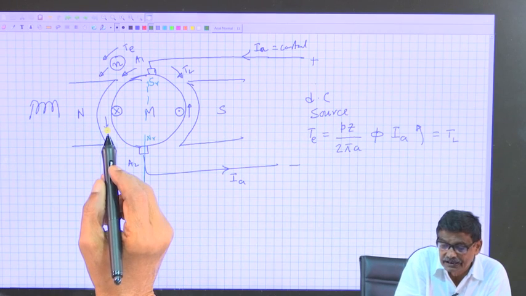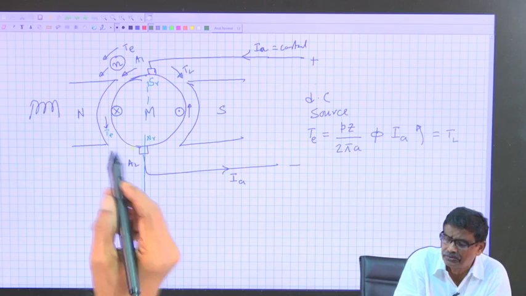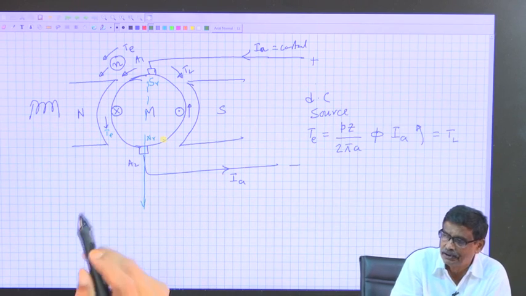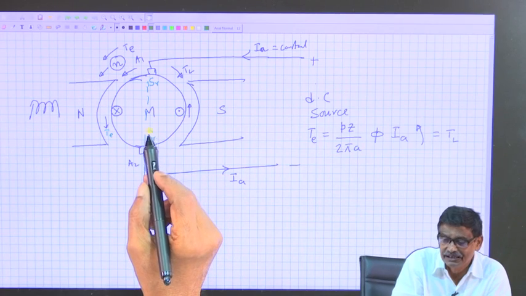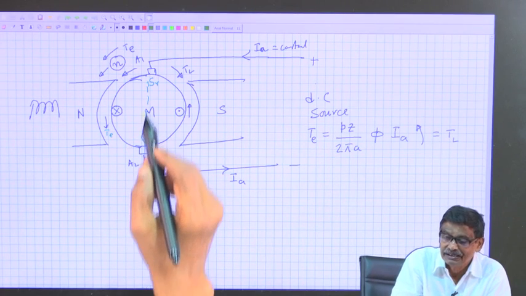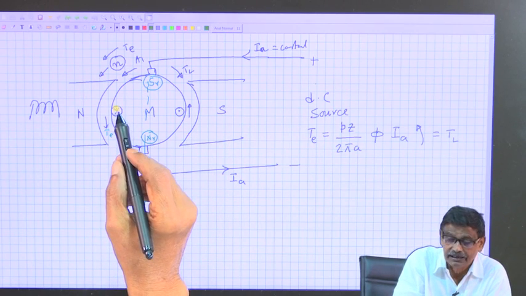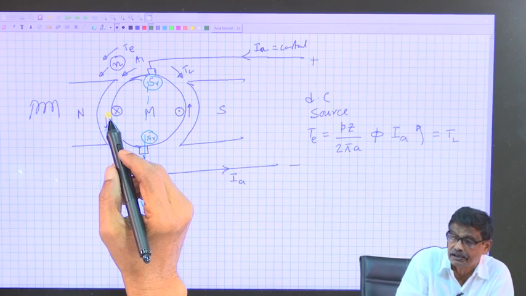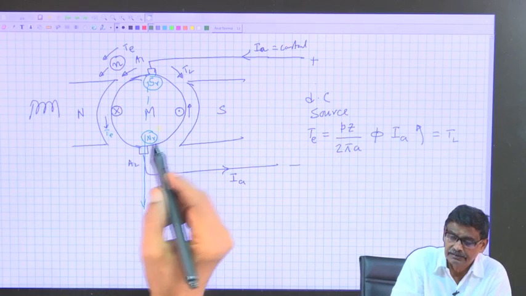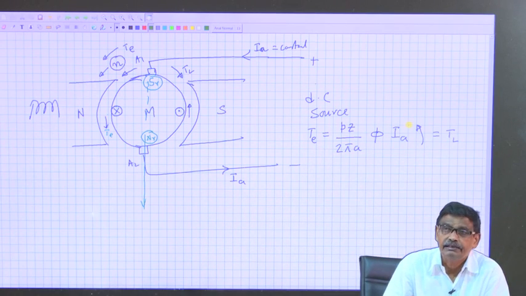So the electromagnetic torque which we got from the left hand rule can also be explained this way. Interestingly, the position of this NR and SR remains the same, no matter whether this conductor is here or has moved to that side. That is how it works in motor mode.